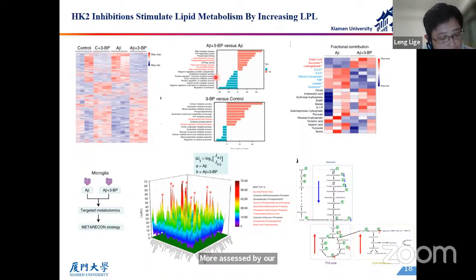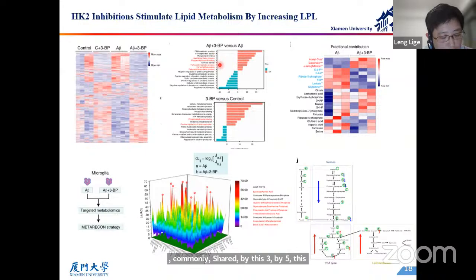To identify the biological functions affected by HK inhibition in microglia, we subjected the significant DEGs, differentially expressed genes, of these groups to GO analysis, gene ontology analysis of biological processes, and focused on the biological processes commonly shared by these three groups.